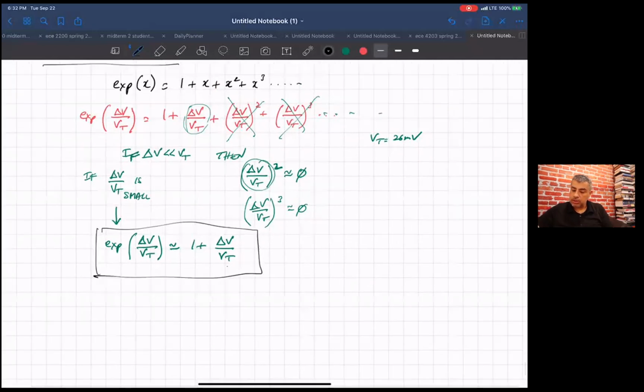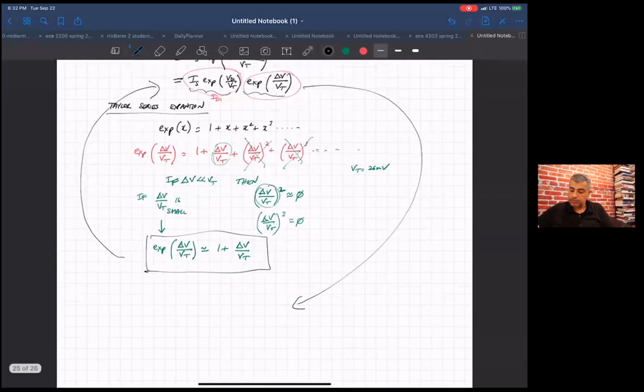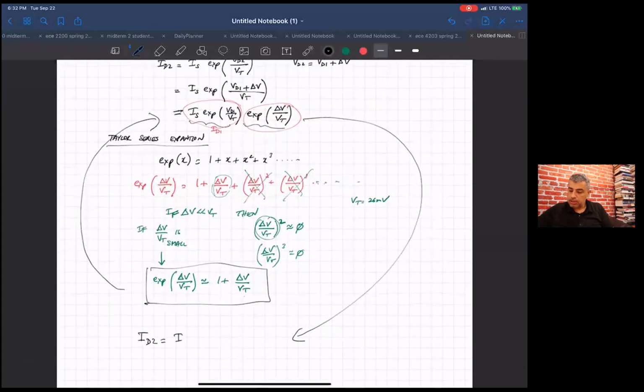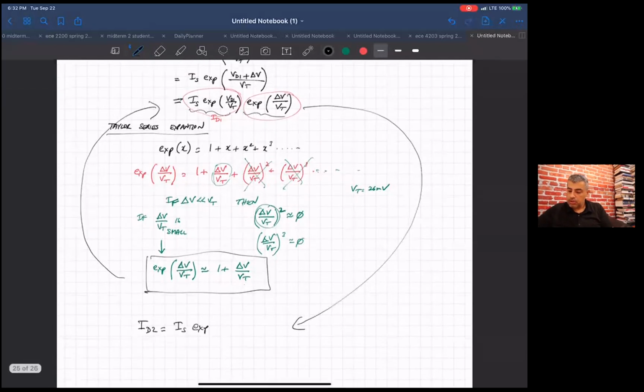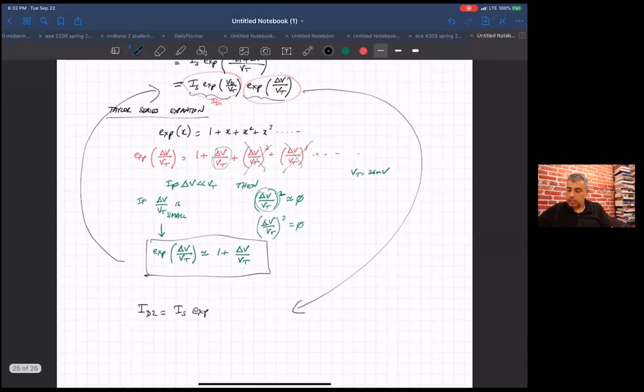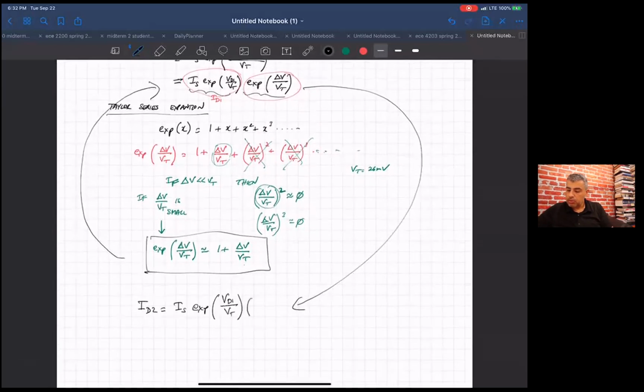So I want to find I_D2, which is I_s times the exponential of V_D1 over V_T, times 1 plus delta V over V_T. I just plugged this into the exponential.